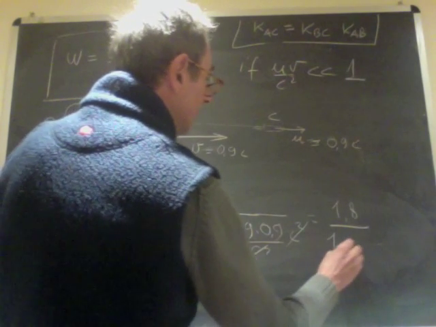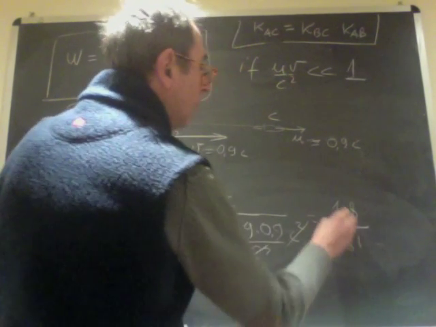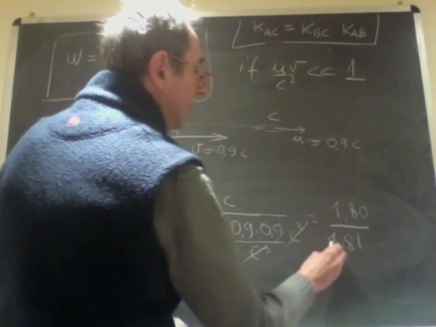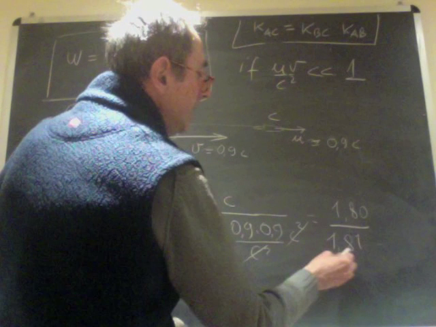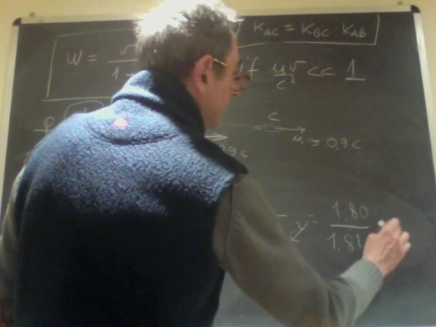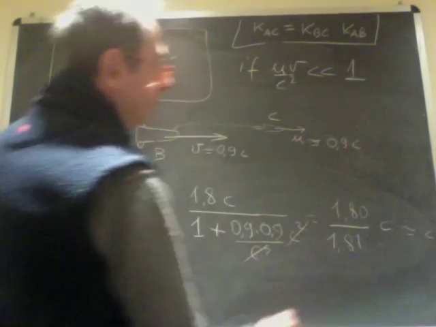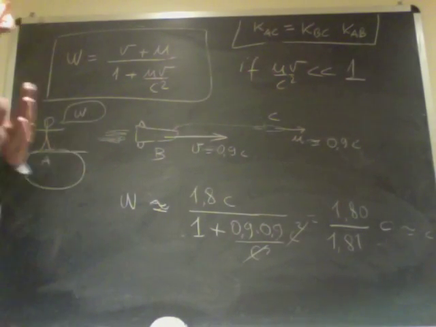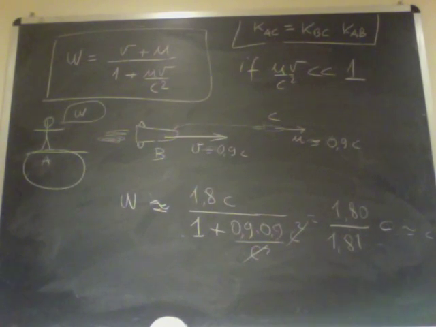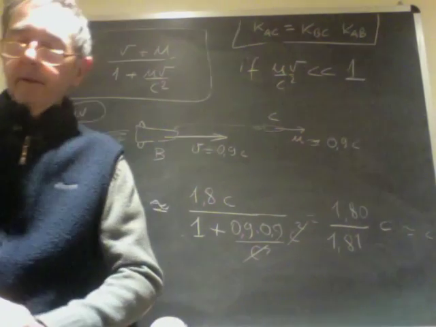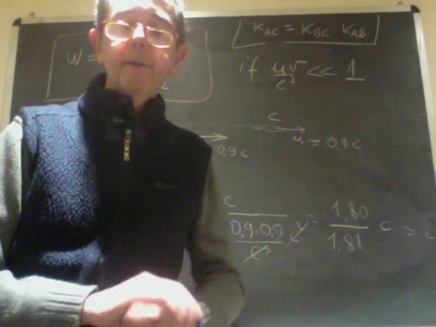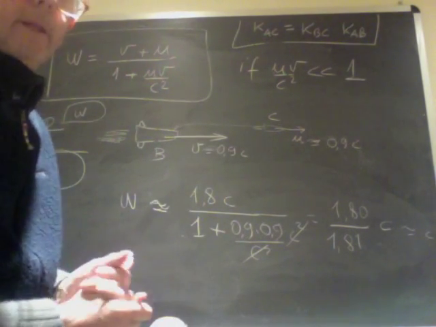So it is 1.80 divided by 1.81, times c. That is about c, just a little bit less than c. Okay. With this formula, it is possible to calculate the velocity in all these cases. Thank you very much.